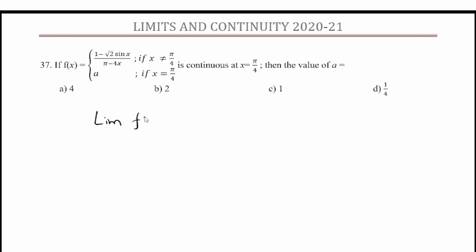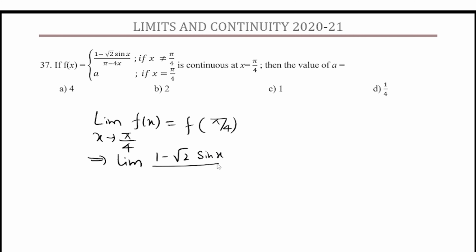Limit of f of x as x tends to a, that is pi by 4, is equal to f of pi by 4. Now this implies the limit of 1 minus root 2 sin x divided by pi minus 4x as x tends to pi by 4 is equal to f of pi by 4, whose value is a.